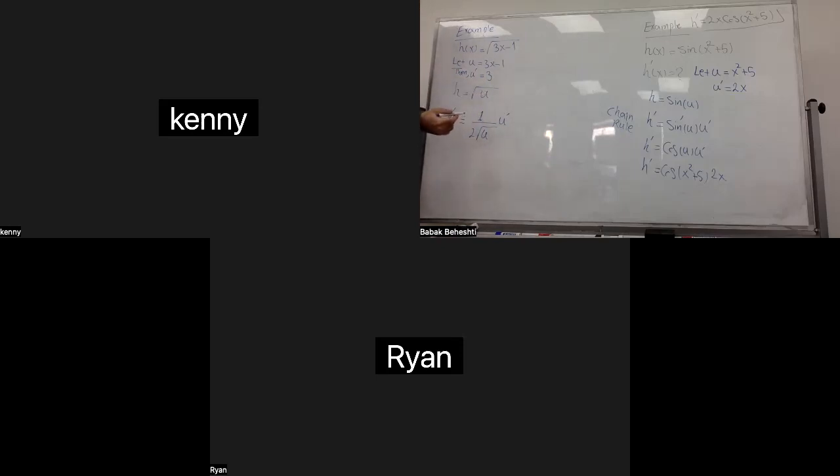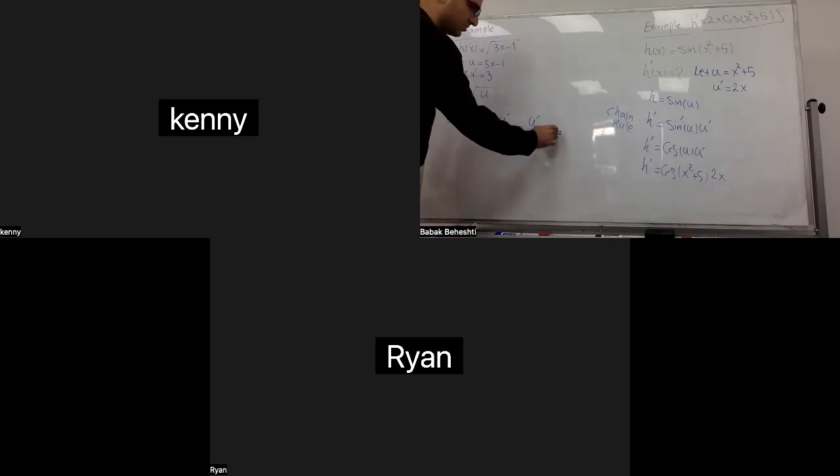This is basically the chain rule, f prime of u times u prime, which equals u prime over 2 times root u.